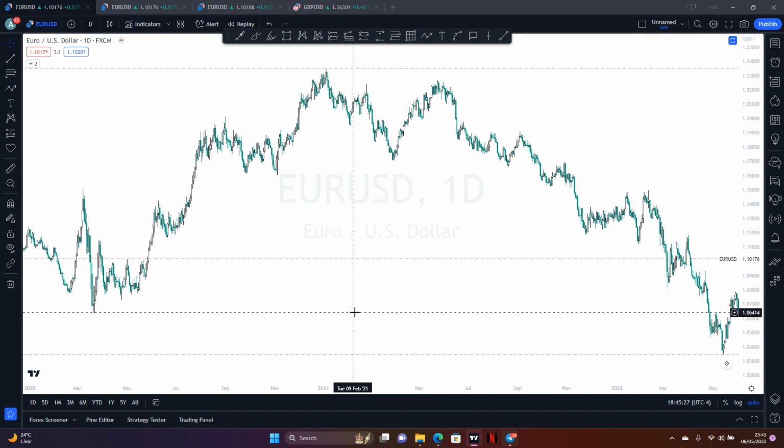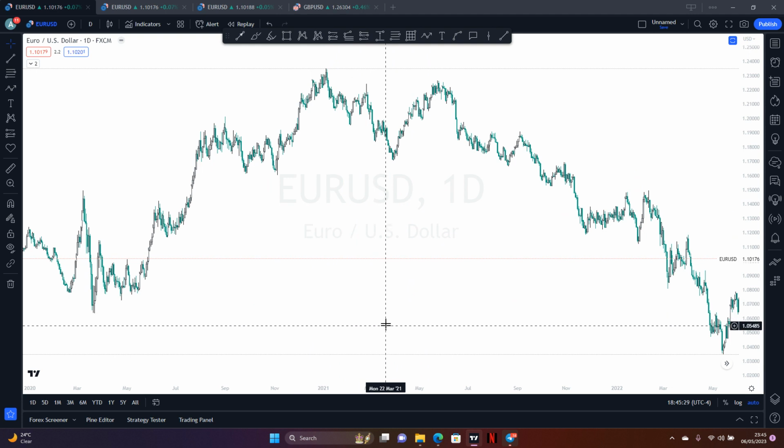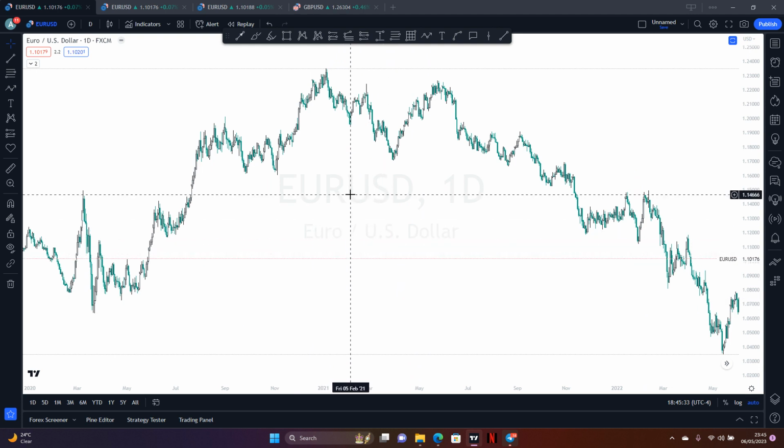Once that low is taken out, the next thing for you to do is check if there is an inducement towards the supply that produced that break of structure, and if there is, you take your trade. There is absolutely no other way. It's just that simple.